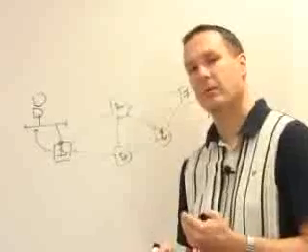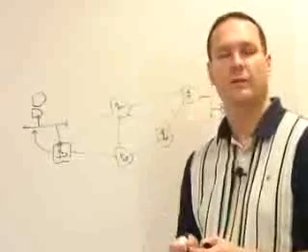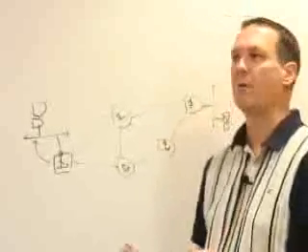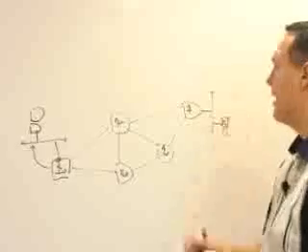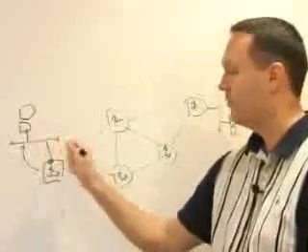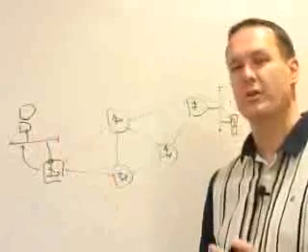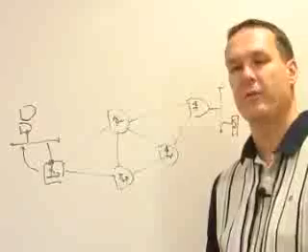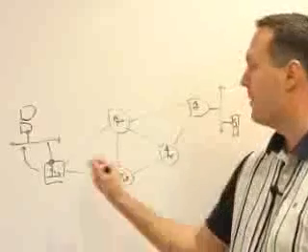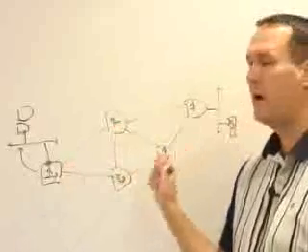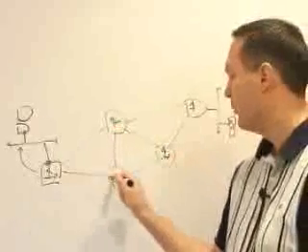But this time I'm going to increase the time to live value to 2. I'm going to send it off towards the server IP address. It will go to my default gateway. The first router is going to decrease the time to live value from 2 to 1. And depending on the routing in my network, it's going to send it to the next hop router.